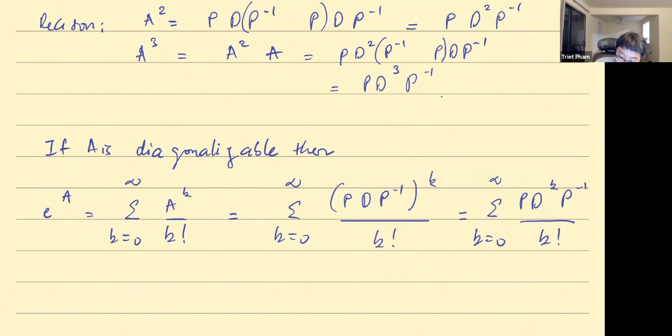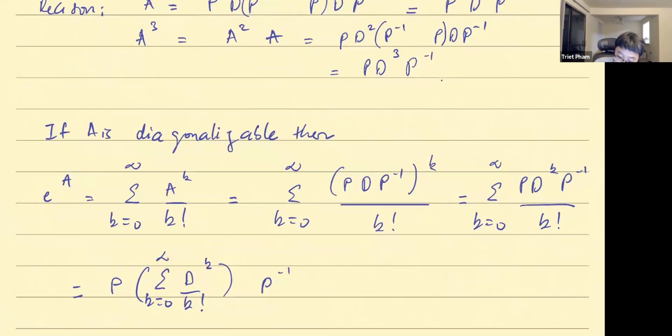And matrix multiplication follows the same factorization rule as anything else. So you can factor the P and P inverse out to give you this: P, the sum of D to the K over K factorial, times P inverse.